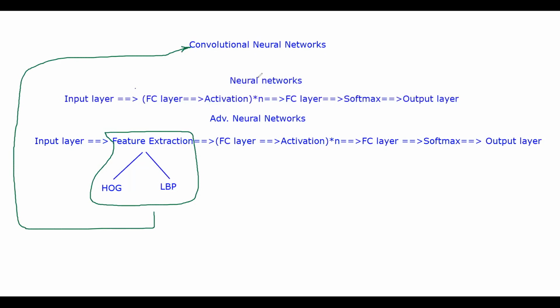And when we use convolutional neural networks, one more advantage that we get is something called dimensionality reduction. In an earlier image, let us say a 28 by 28 image, we have a total of 784 pixels. But once the feature extraction is done, we might decide that all the 784 pixels may not be very important.